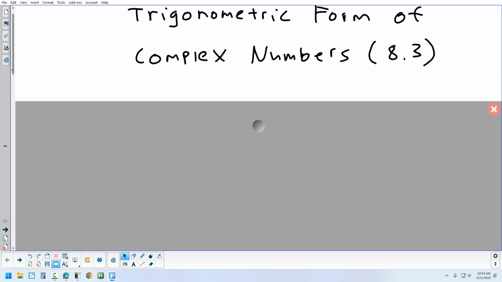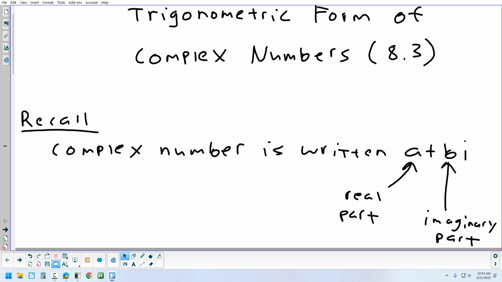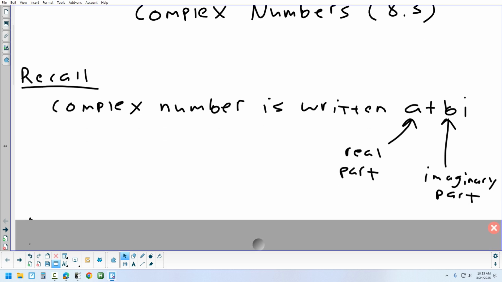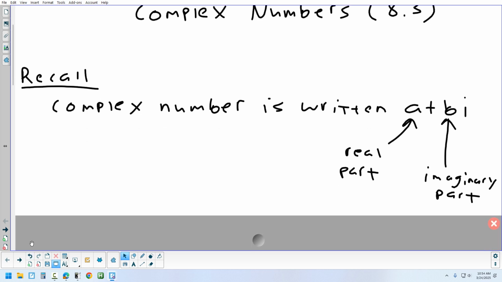All right, so 8.3, writing complex numbers in what is called trig form. So we've worked with complex numbers before. The format that we've been used to using is something that would look like this. That's called standard form.